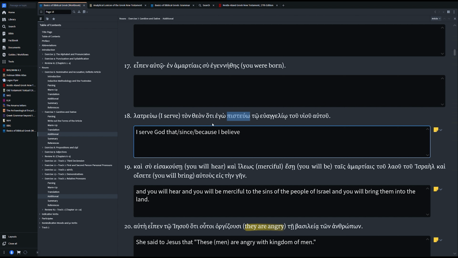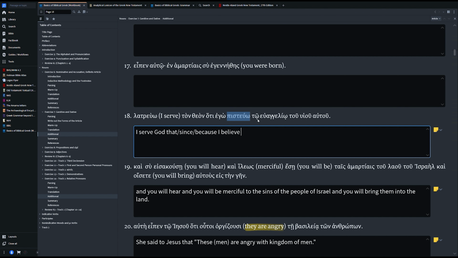So this can be tricky, and I haven't done this workbook in a long time. But there's no way you know pistevo. It's not in your vocab yet. Okay. I serve God, that's because I believe to evangelio. To evangelio means the gospel, and it's got the iota subscript. So that's a dative because it's an iota down below by itself.